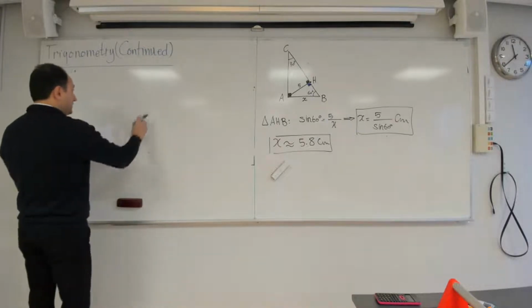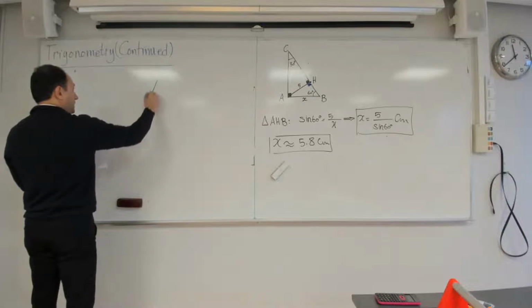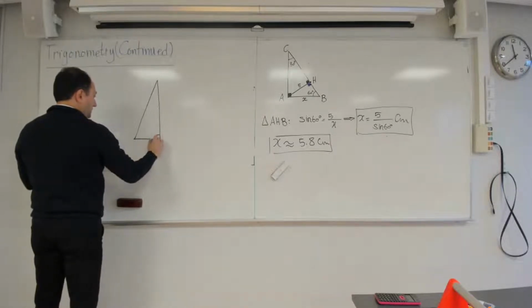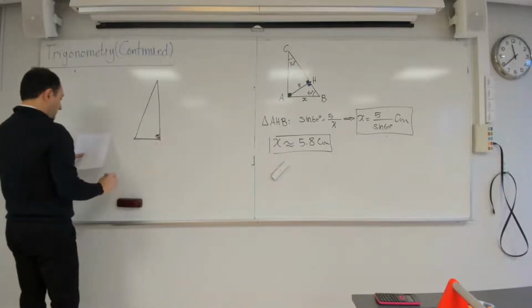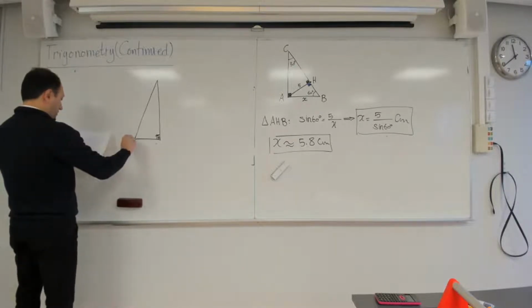So the picture is something like this. If I can draw it carefully here. So I have a right angle triangle in this form. This is 90 degrees. And then I will go up here.